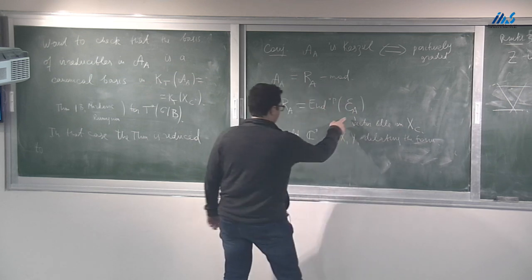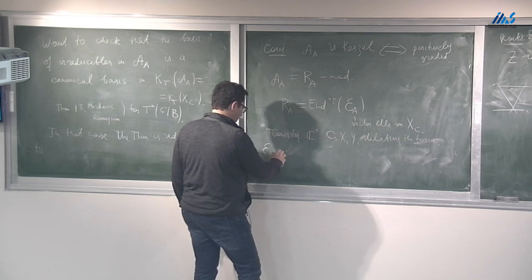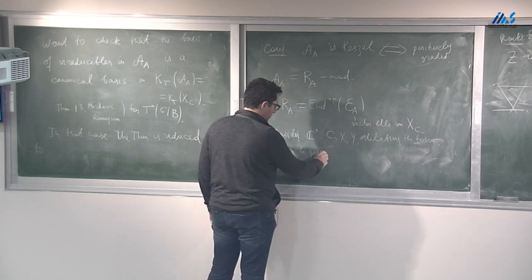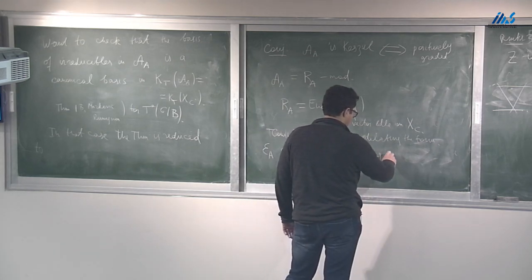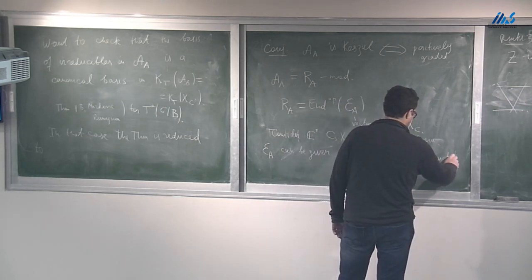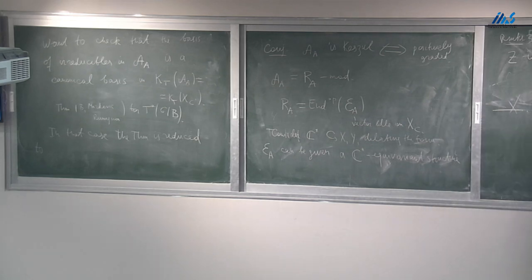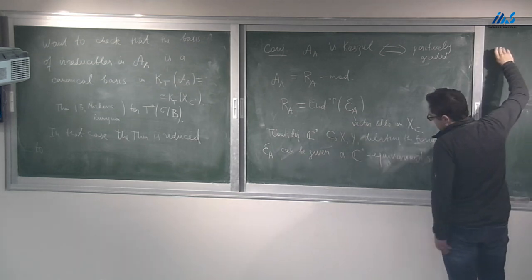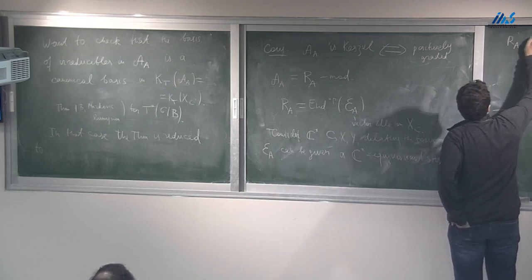It's easy to show that by some rigidity, E_A can be given a C star equivariant structure, and then R_A gets a grading.